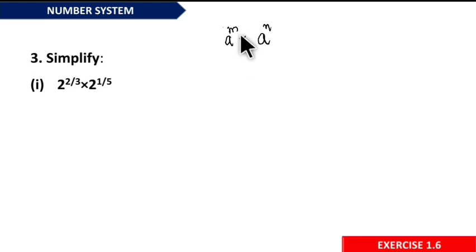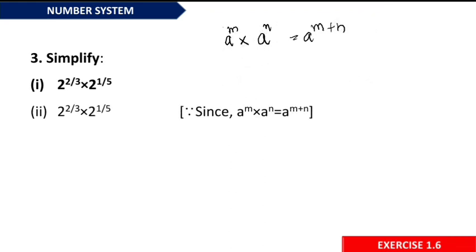a to the power m into a to the power n, that is a to the power m plus n, right? Using this law of exponent we can solve this. So which law of exponent? a to the power m into a to the power n, that is a to the power m plus n. So what do we have in the place of a? In the place of a we are having 2, so we can write a is equal to 2.